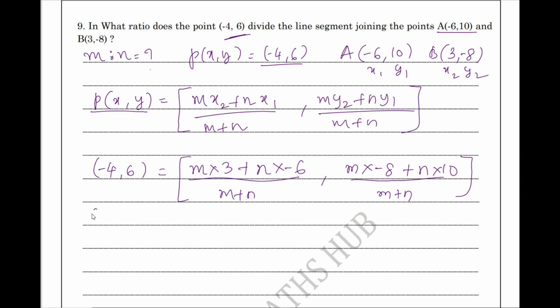Now (-4, 6) equals m into 3, or 3 into m, we get 3m plus n into minus 6, we get minus 6n, divided by m plus n. The same way, (-8m plus 10n) divided by (m plus n).